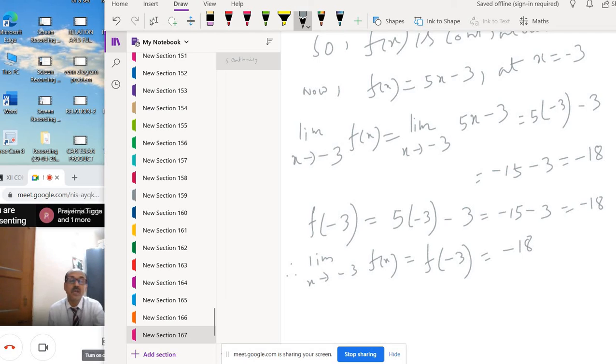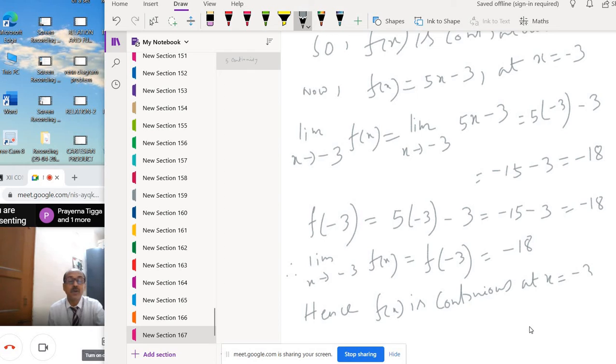Both are the same, equal. Hence, f(x) is continuous at x equal to minus 3.